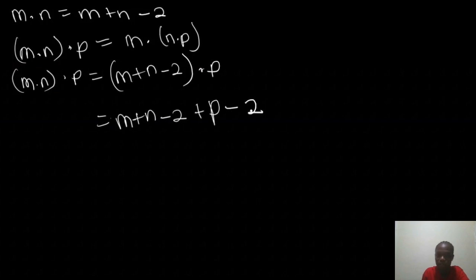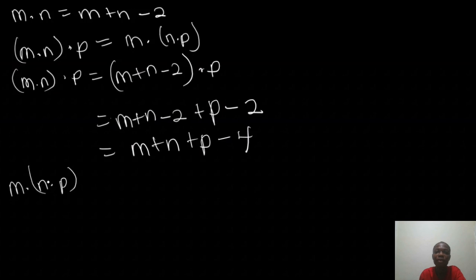So from this, we are going to get m plus n plus p minus 4. So if we do m dot n, then dot p, we are getting m plus n plus p minus 4.